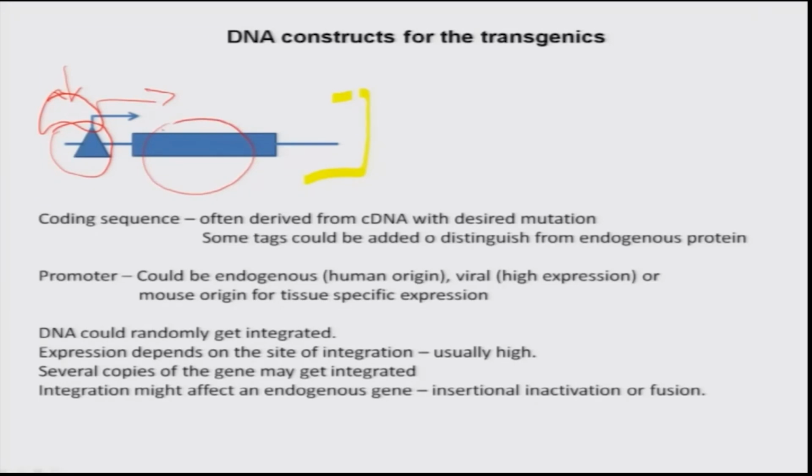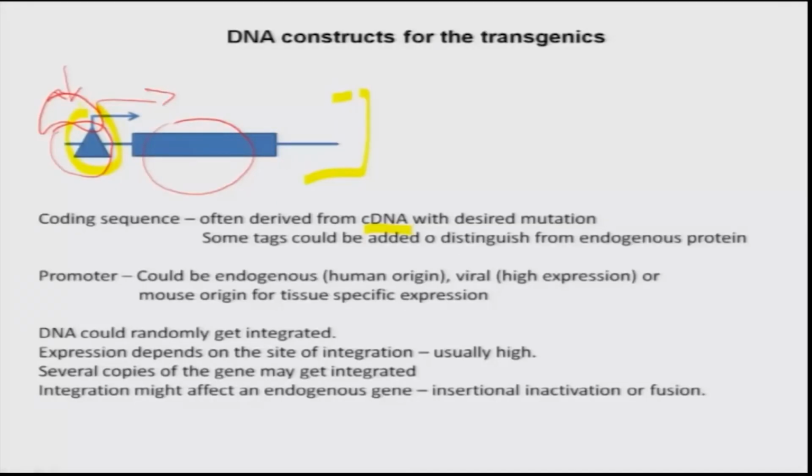So often the coding sequence is derived from cDNA, because your gene in human could run into several kilobases, hundreds of kilobases. One of the genes even goes up to 1 megabase. So you have multiple exons, 10 of them, 20 of them, spreading over a large segment. So such big DNA to extract and put inside is going to be extremely difficult.